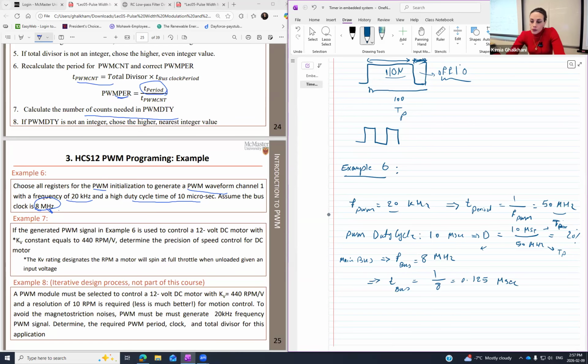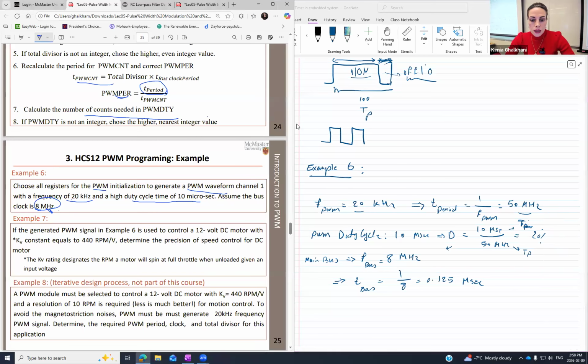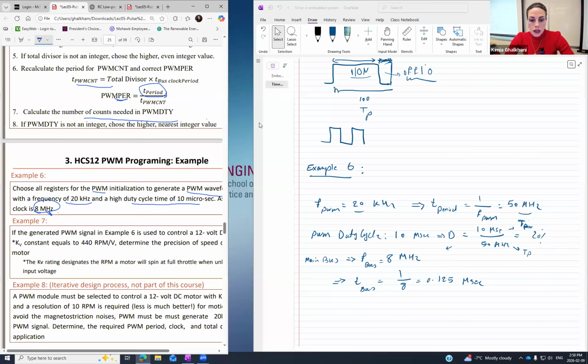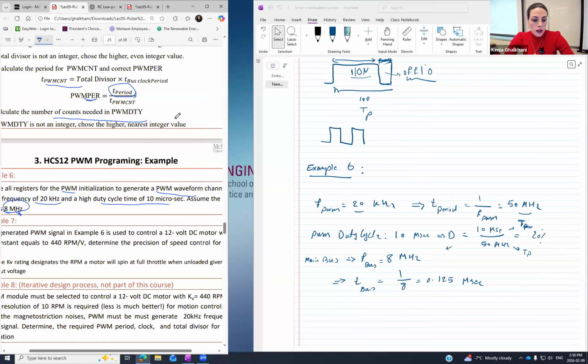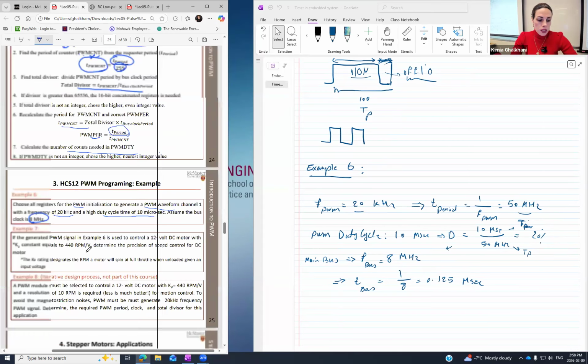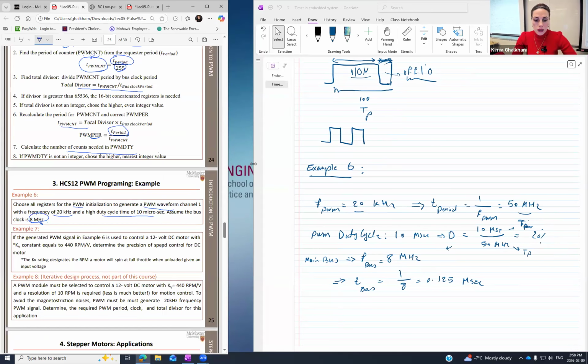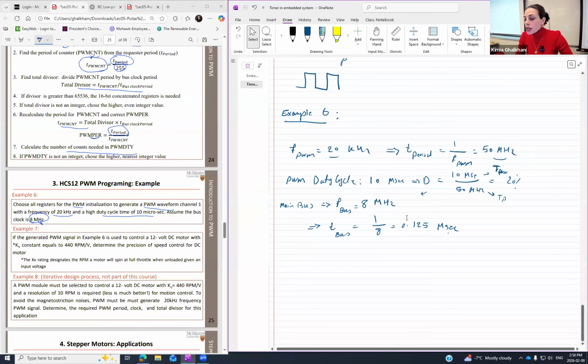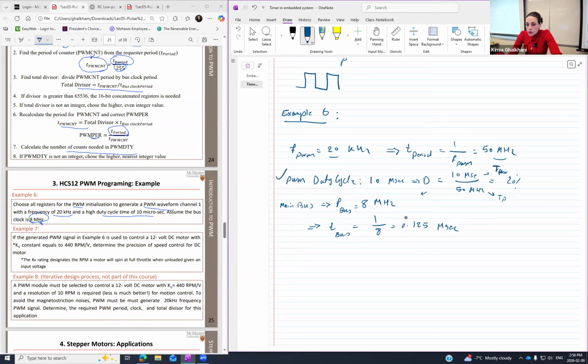So far, so good? Yes or not? Let me just draw this one. Here you've got this line, the top line. 20 kilohertz was given, right?